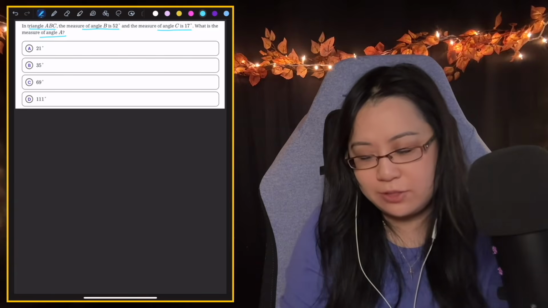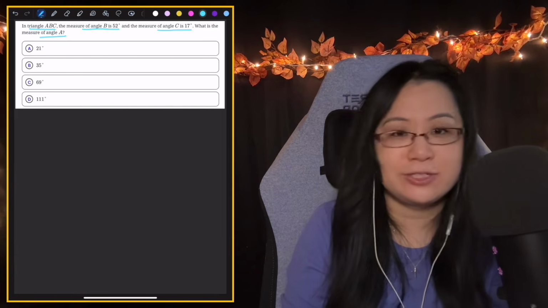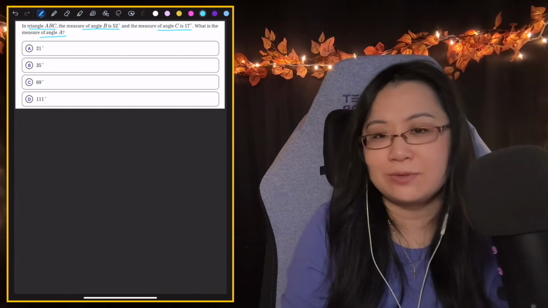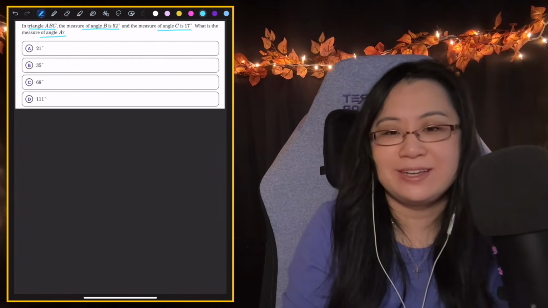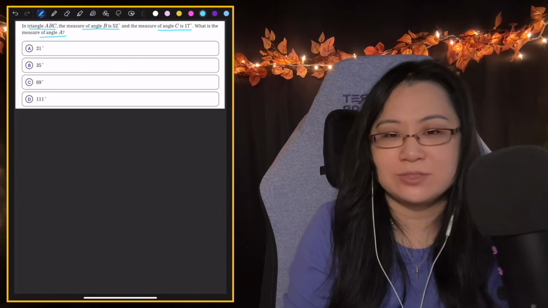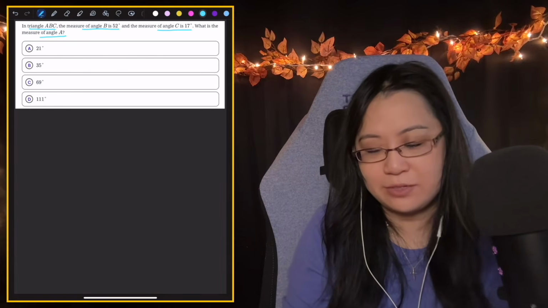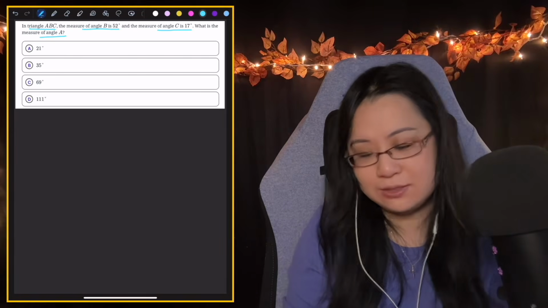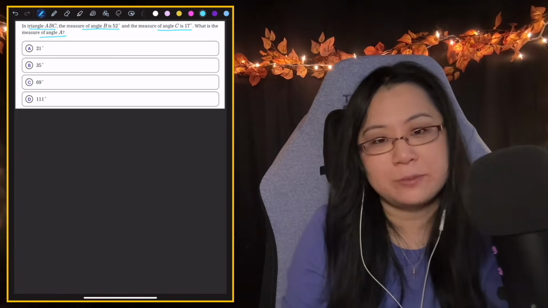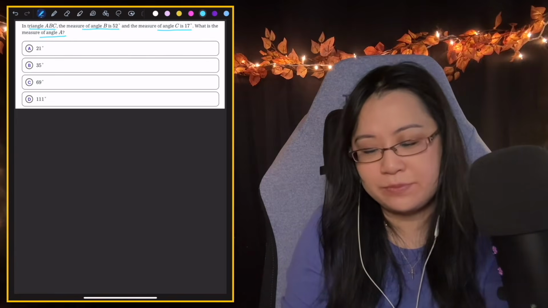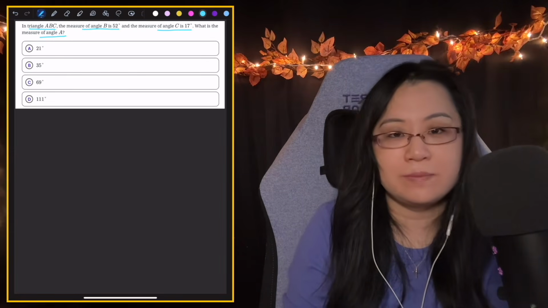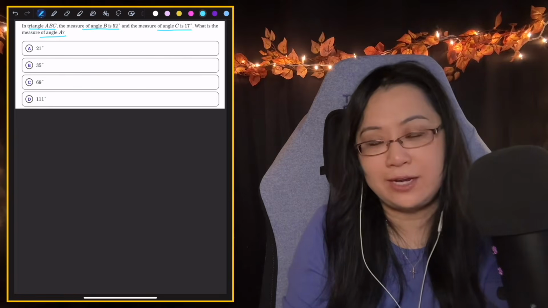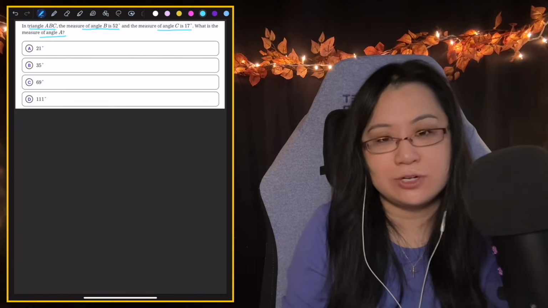So usually for geometry or trigonometry type questions, I suggest sketching out to the best of your ability a possible situation or just some diagram to represent the information that you're given. But in this case, we just need to know one fact about triangles, which is that the sum of the interior angles of a triangle add to 180, no matter what the triangle looks like.